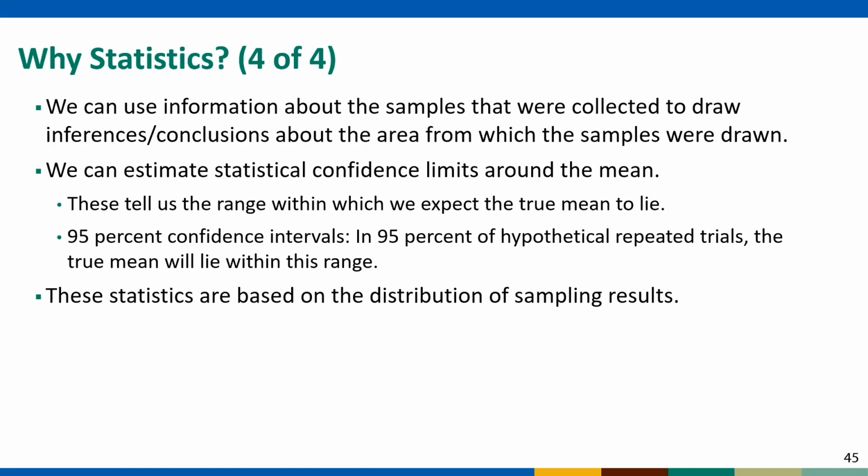In our soccer field example, I can use the 10 samples, figure out a sample variance and a sample mean, and then calculate a confidence interval. This confidence interval assumes that all the statistical requirements are met, and 95% of the time, that interval is going to contain the true mean.